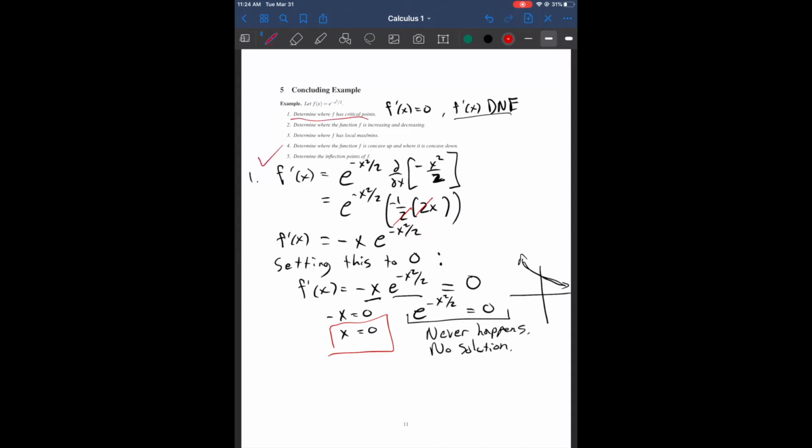Okay, so check. So now we need to do number 2. So we need to figure out where the function is increasing and where it is decreasing. Okay, so let's maybe flip the page here. So number 2. So for that, I'm going to do a number line, right? So I'm going to write down, on my number line, I'm going to put down my critical points.